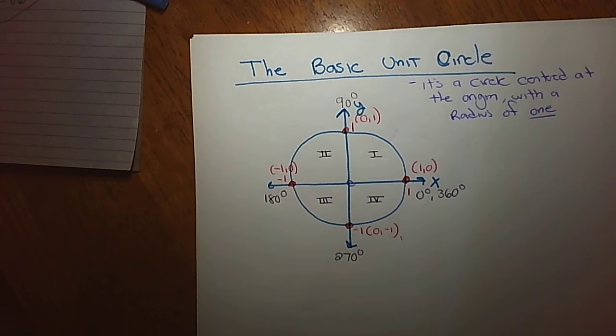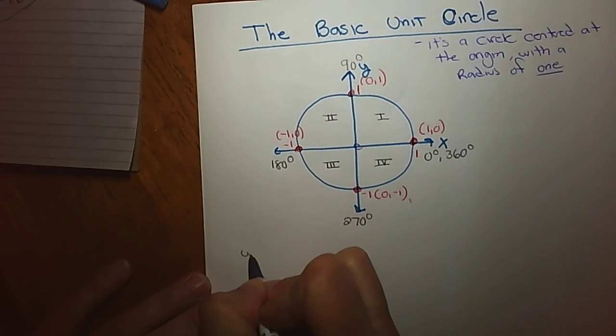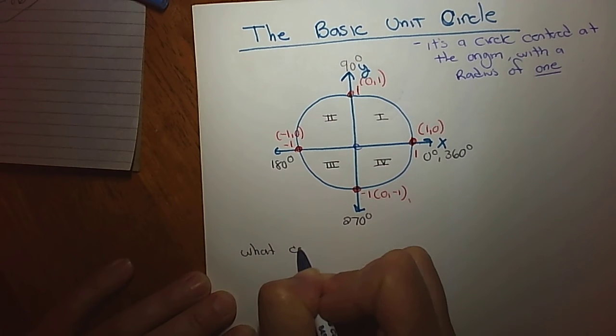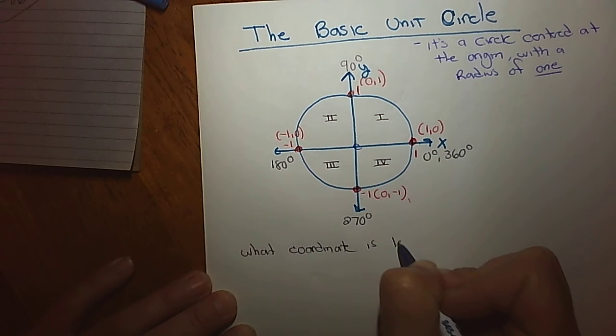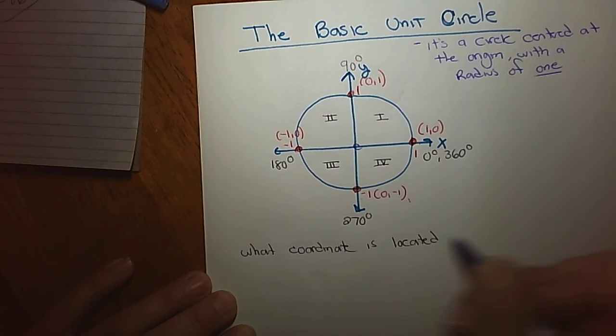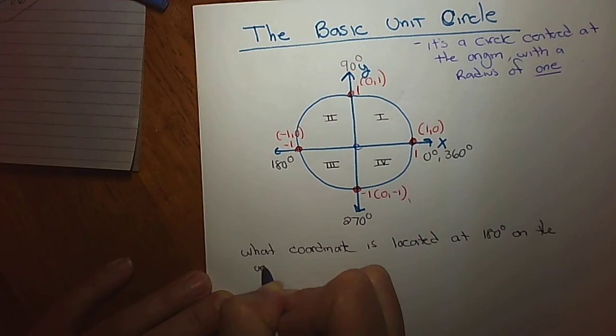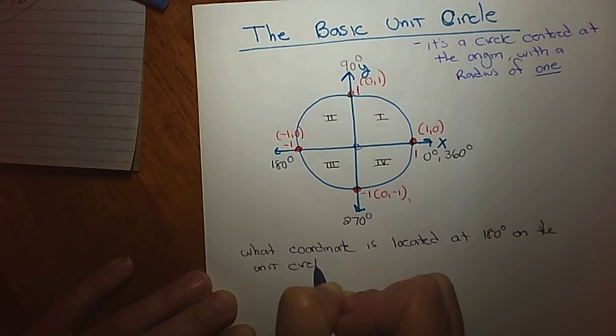Anytime I ask for a basic unit circle, this is what you guys need to draw for me. So if I said, what coordinate is located at 180 degrees on the unit circle, okay?